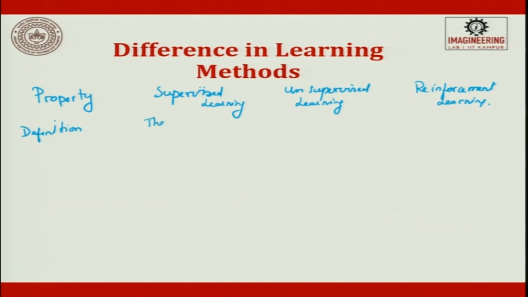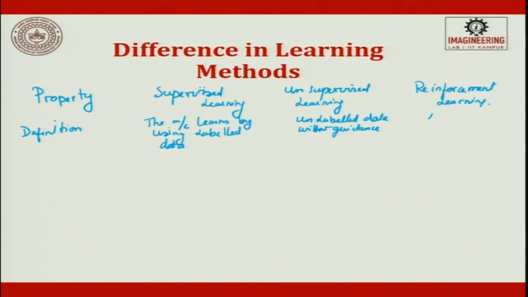Supervised is where the machine learns by using labeled data. Here the machine is trained by unlabeled data. Excel file, you remember, unlabeled, without guidance.